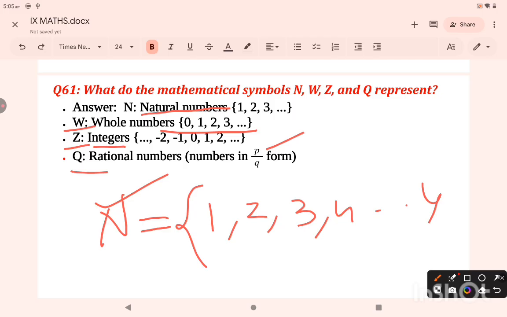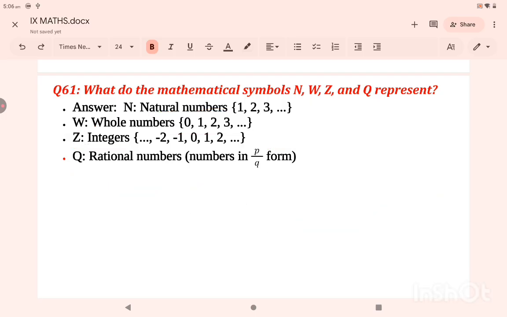Natural numbers are denoted by capital N. Whole numbers are denoted by capital W. Integers are denoted by capital Z. And rational numbers are denoted by capital Q. Okay. Next one.